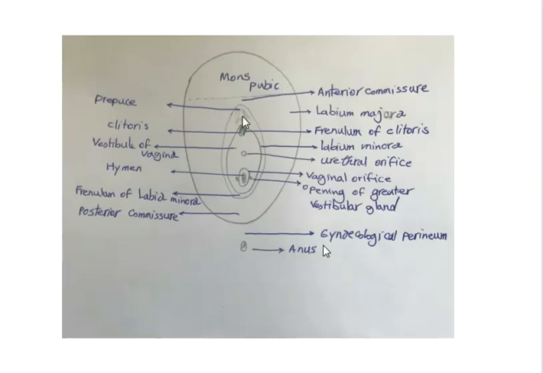The labia majora, two halves on the left and right side. The labia minora: these two skin folds refer to the labia minora. The clitoris, this one is the clitoris, and the vestibule of the vagina, and the other parts refer to the bulbs of the vestibule and the greater vestibular glands.